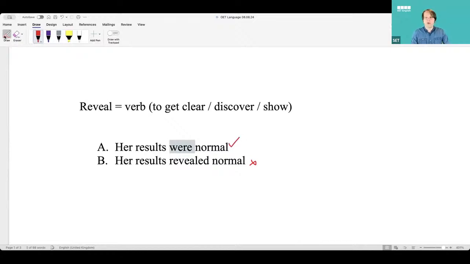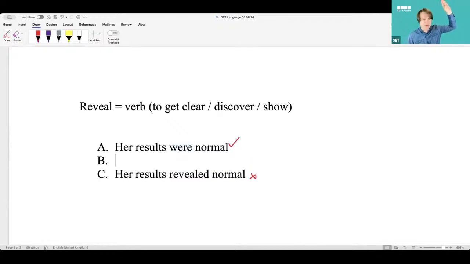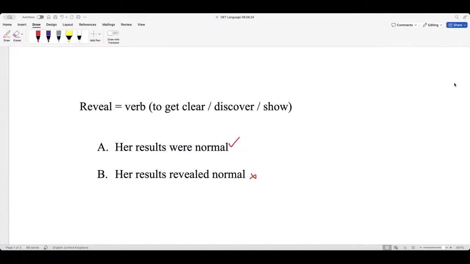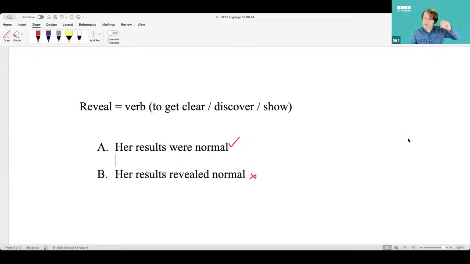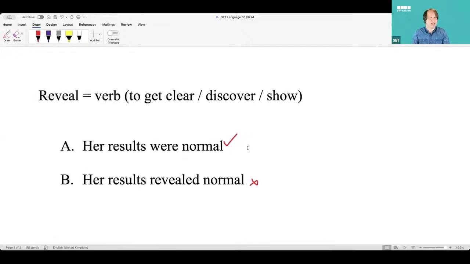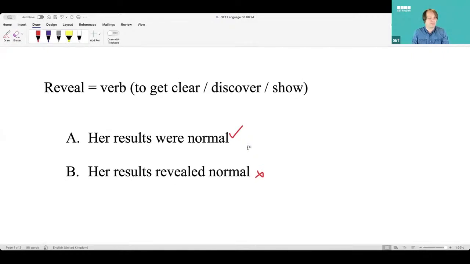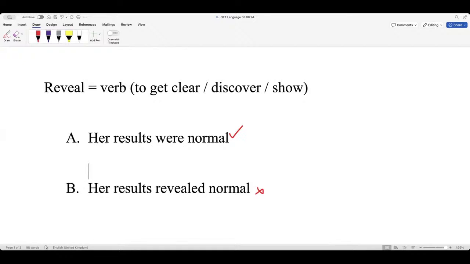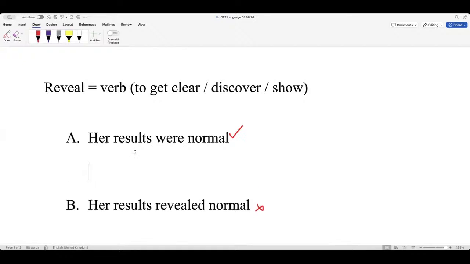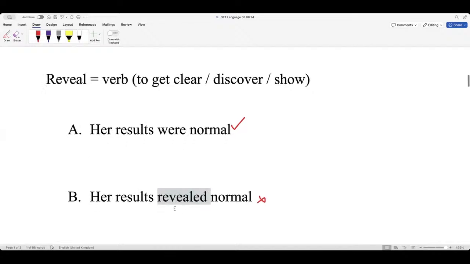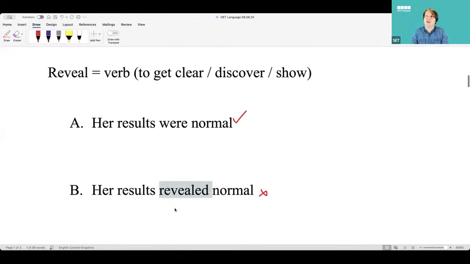What's the reason? Put your hand up on Zoom if you can tell me the reason why A is correct and B is not correct. Noam, why is A correct and B is not correct? Since it is a result which cannot be revealed, in the sense that we have to discover, but the result is already there.